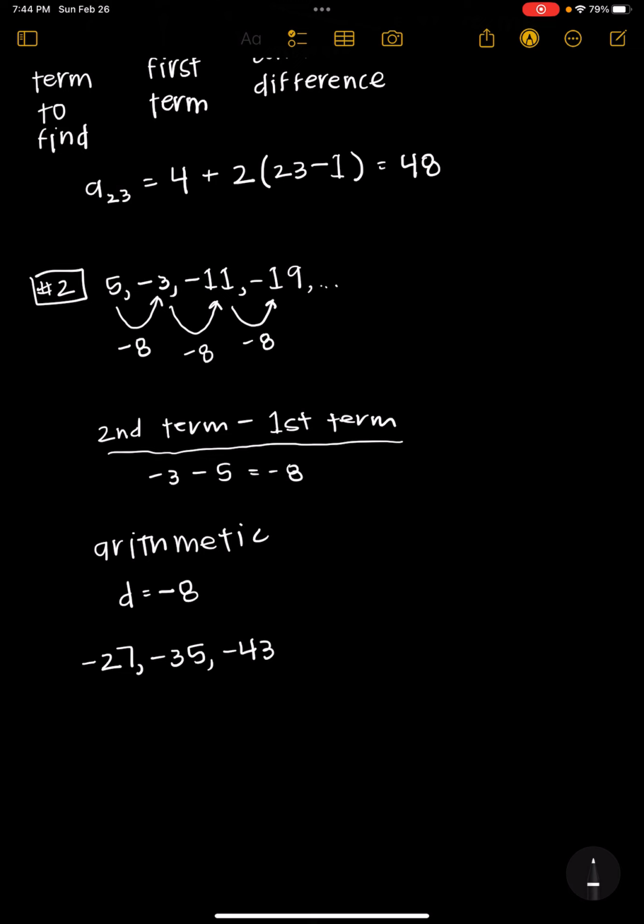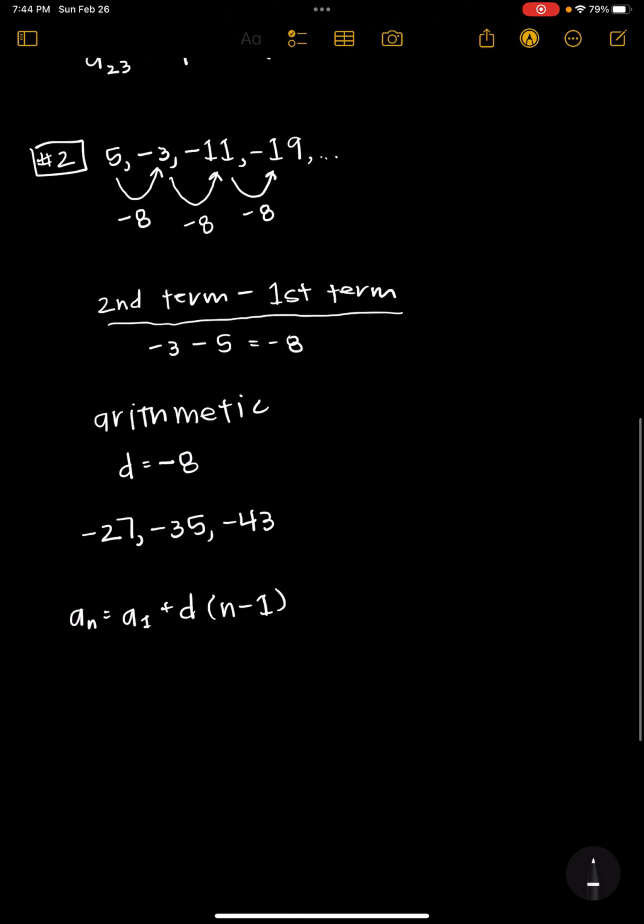Then the last part of this is to find the 23rd term. Once again, you could continue to write this out, continue subtracting 8 until you have 23 terms, but we're going to use that handy-dandy formula, which is a sub n is equal to a sub 1 plus d times n minus 1. So we're going to find the 23rd term again, so it's going to be a of 23 is equal to a of 1, which is my first term.